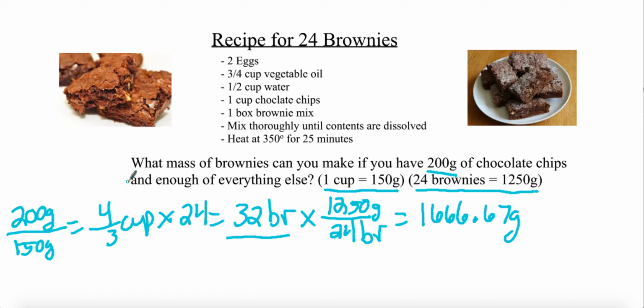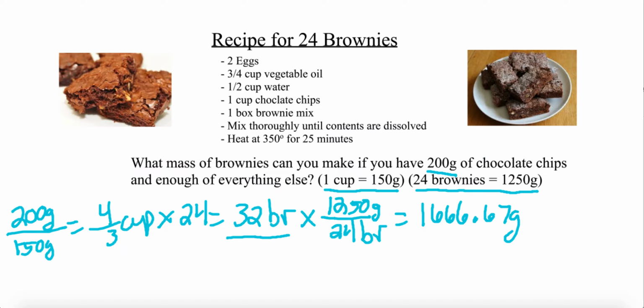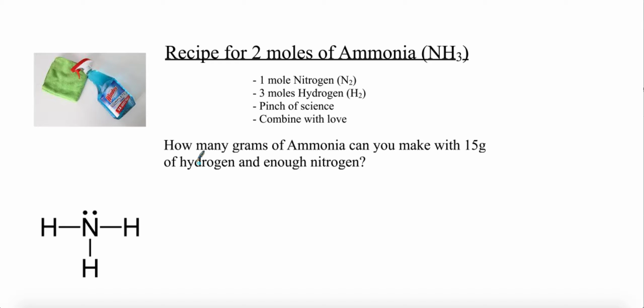So here, from the grams of chocolate chips, we figured out how many brownies we can make. And then from the brownies, we figured out the mass. The only difference here is that instead of starting with cups of chocolate chips, we have 15 grams of hydrogen.